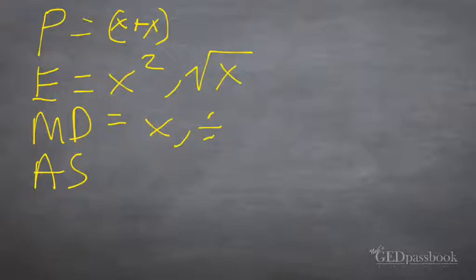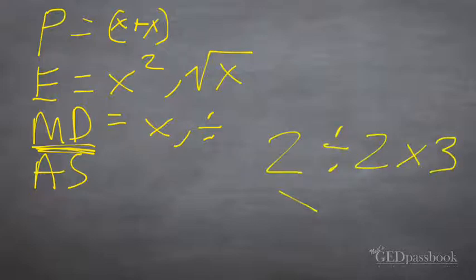And yes, you could do division before multiplication. That's why these are together. It's pretty much saying you just do whichever one comes first. You work from left to right. For example, you do division first: 2 divided by 2 is 1.